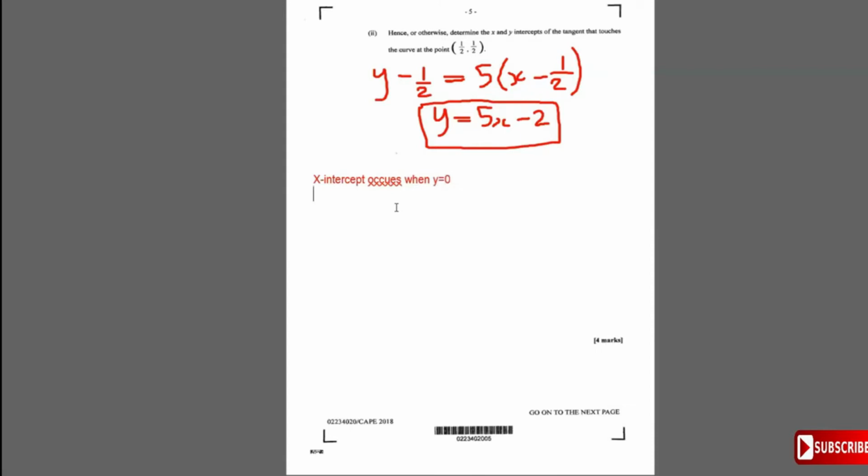When y is equal to 0, you get 0 is equal to 5x minus 2, and so x is 2 over 5. So the x-intercept is the point 2 over 5, comma 0. For the y-intercept, it occurs when x is 0. So the y-intercept point is when x is 0, y is negative 2, so 0, minus 2. And that's that.